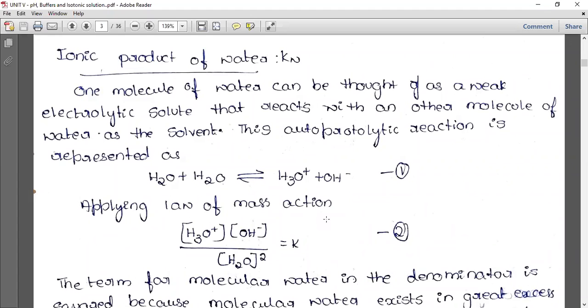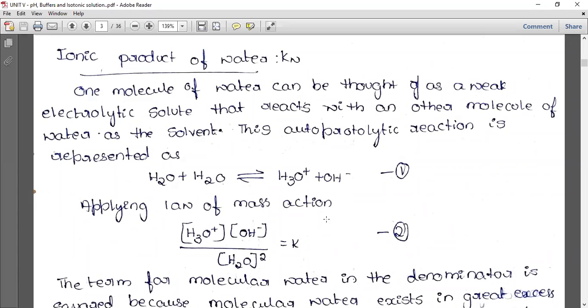What do you mean by law of mass action? Nobody knows? At least try to attempt. Ma'am, is it something related to the molecular concentration? Right?